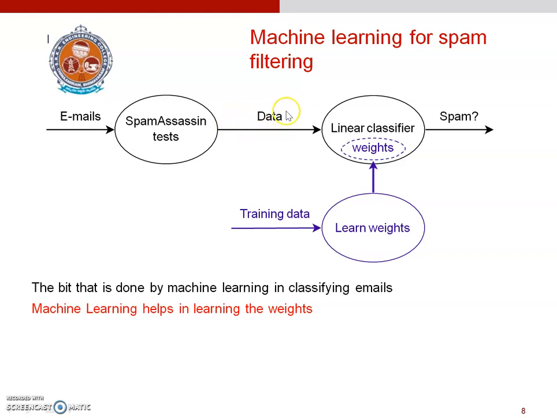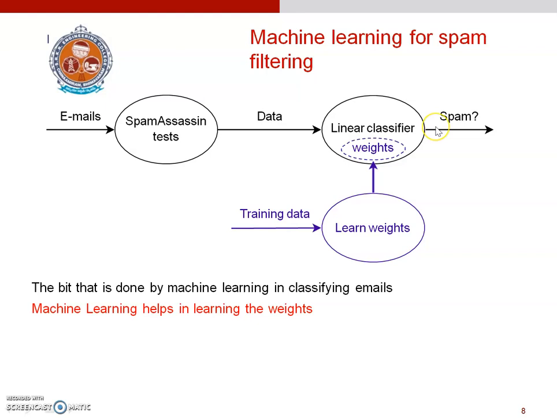So using this data, for this problem, we apply a machine learning algorithm which will learn weights for each of these tests. The output of this machine learning algorithm is a model called a linear classifier. The linear classifier is defined by the equation sigma i equal to 1 to n, w_i x_i greater than t.